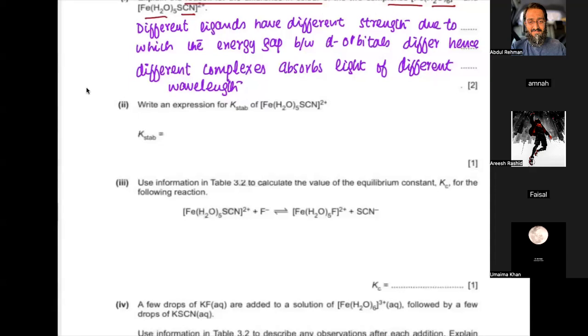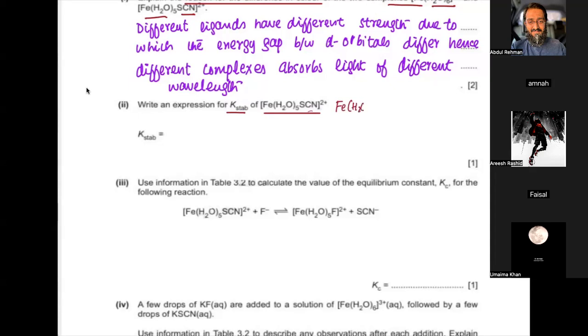Okay. Now, part 2, write an expression for Kstab for [Fe(H2O)5SCN]2+. Remember, whenever they ask you to write the Kstab for any complex, it is for when that complex is formed from its exact aqua complex.